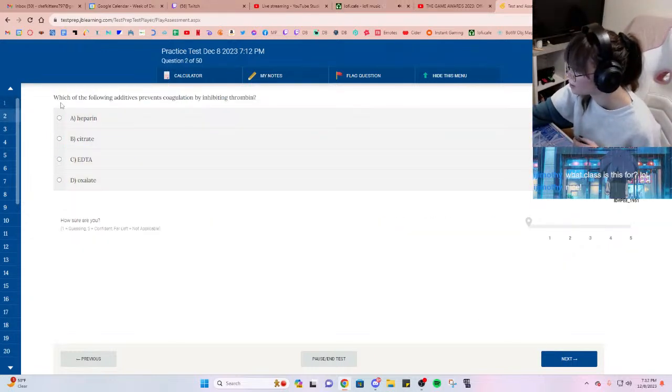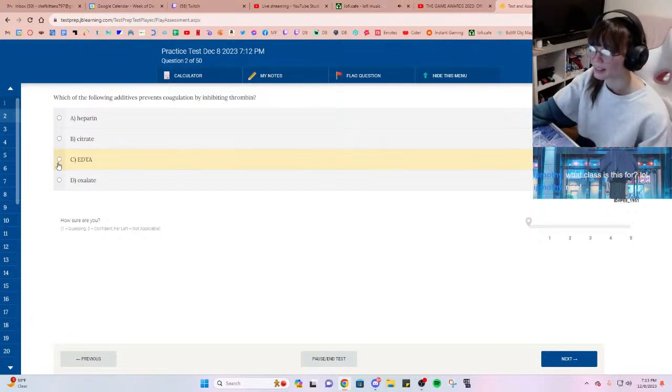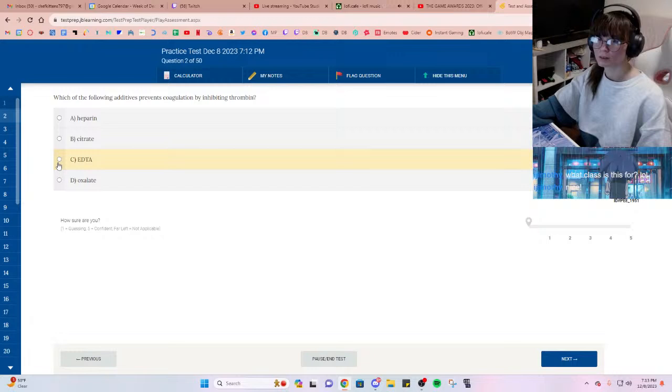Read the question. Which of the following additives prevents coagulation by inhibiting thrombin? I think it's EDTA. I want to say it's EDTA. I think like heparin removes calcium or something like that.